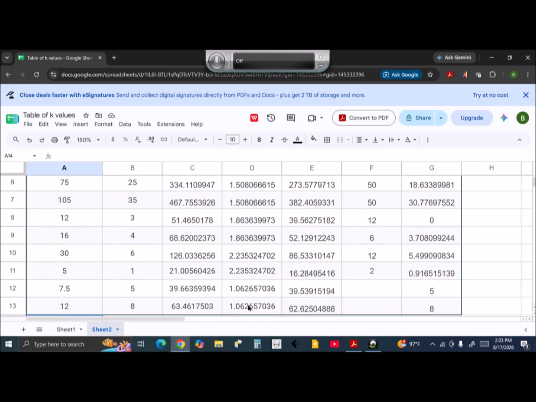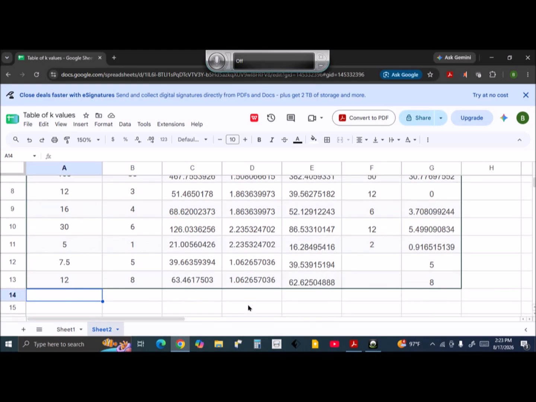Say, okay, well, we've got it for whole numbers, integers. Now let's see if it can do real numbers. So I went for something in the real number system. So here's 7.5 for A, which is 1.5 times 5 for the semi-minor axis. And we get 1.0626577036.